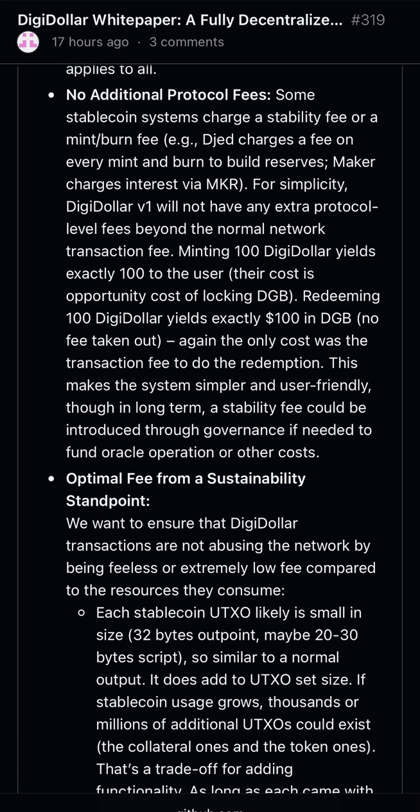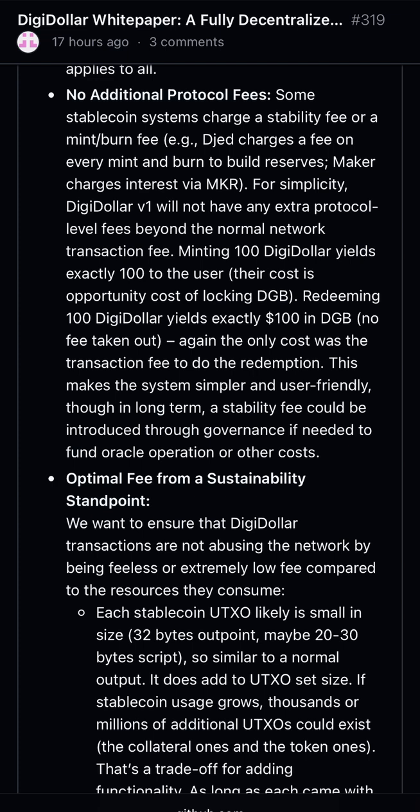Their cost is the opportunity cost of locking DGB. Redeeming 100 DigiDollar yields exactly $100 in DGB. No fee taken out. Again, the only cost was the transaction fee to do the redemption. This makes the system simpler and user-friendly, though in the long term, a stability fee could be introduced through governance if needed to fund Oracle operation or other costs.